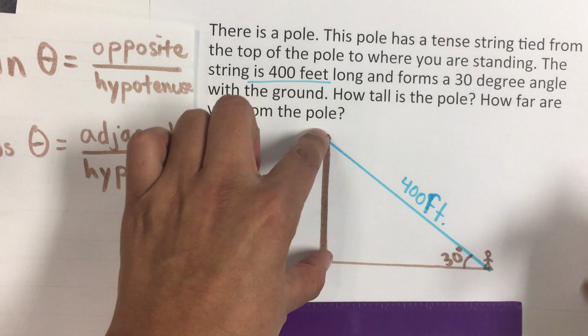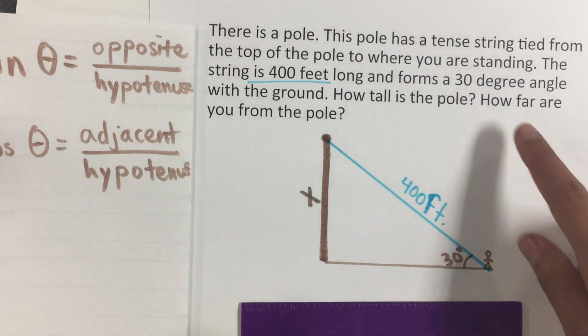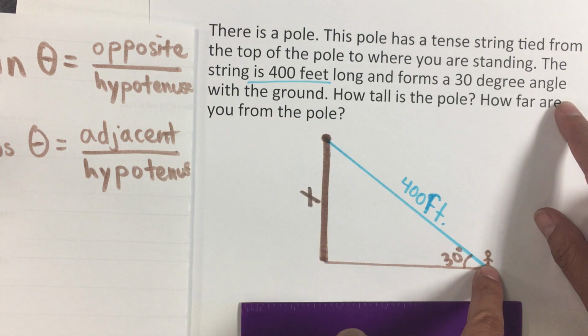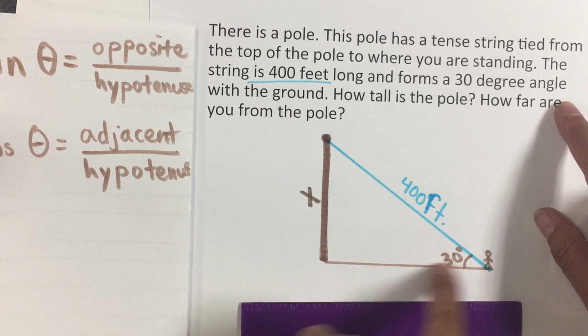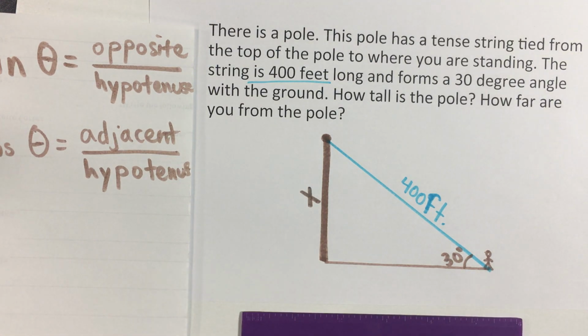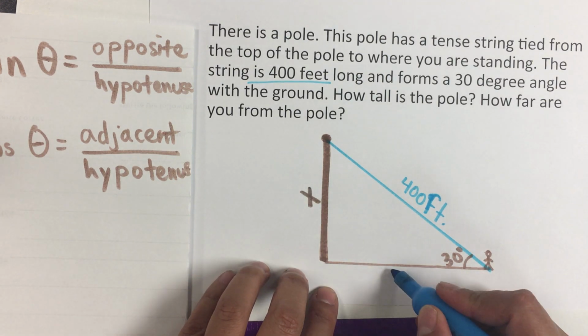We're going to call that x because we don't know. It also says, how far are you from the pole? Meaning from here to the pole, how far are you? So we'll call that either y or w or any other variable, but we cannot call it x because the pole is already x. So let me write y in here.